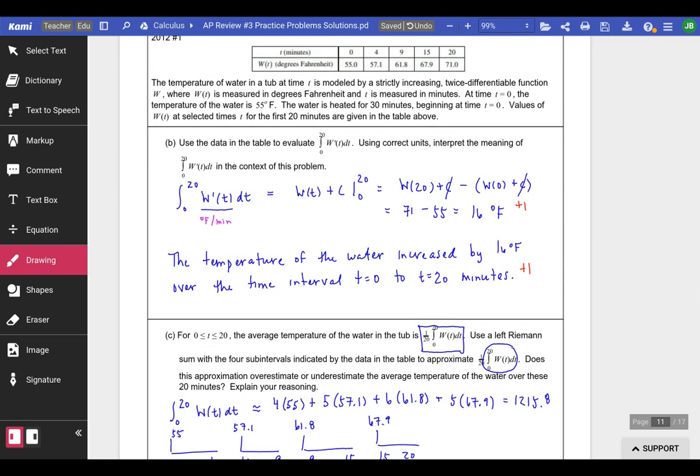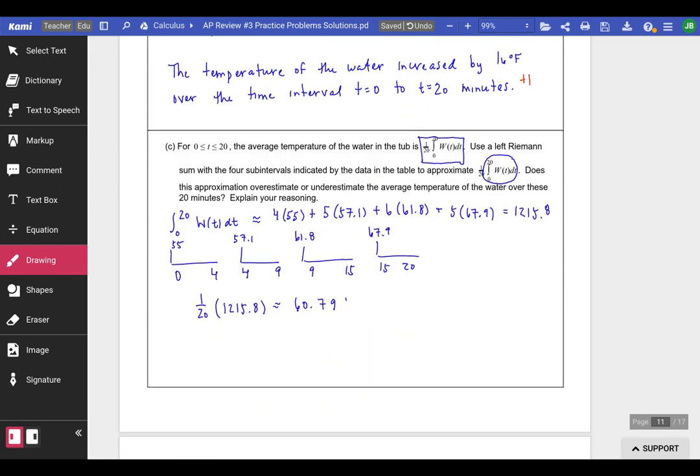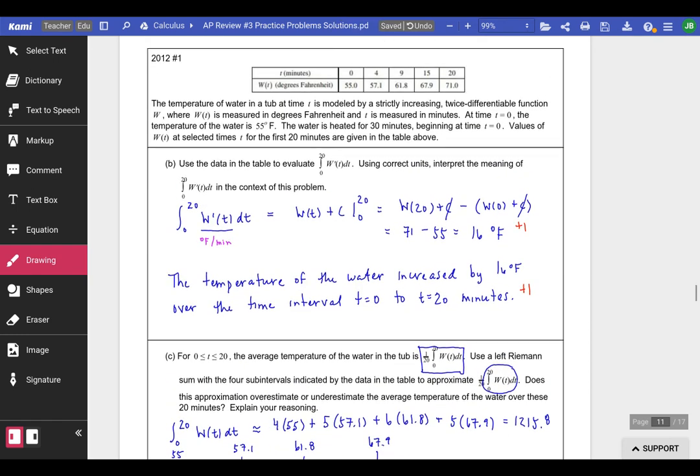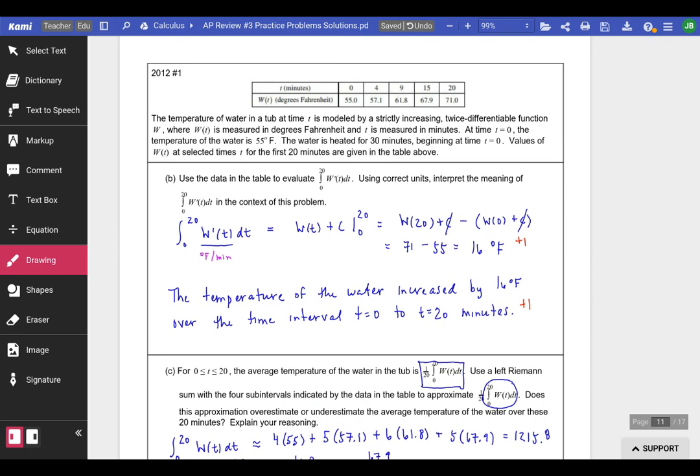And we know the temperature was measured in degrees Fahrenheit. So now we've approximated that expression. We've approximated the average temperature. And now it wants to know, does this approximation over or underestimate that average temperature? So that has to do with our Riemann sum. What we need to know is a little bit about our function, and it tells us that our function is increasing.